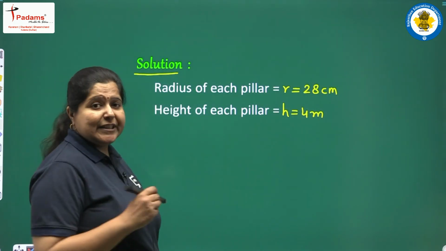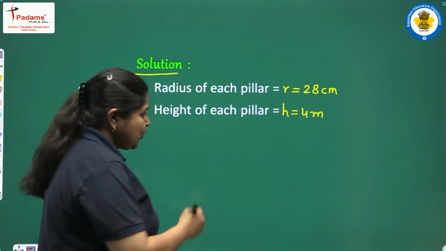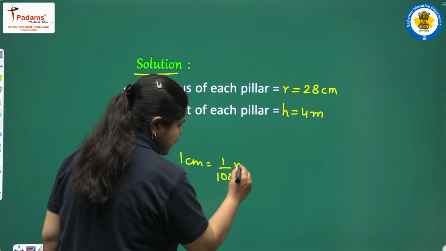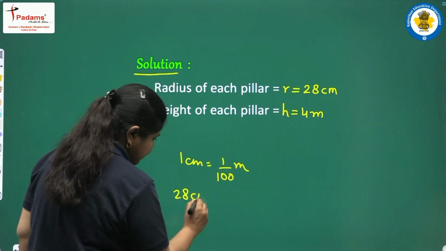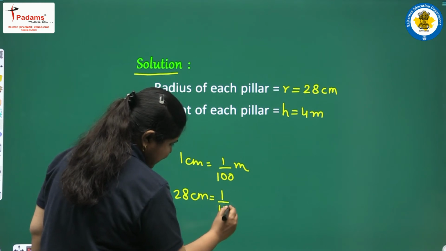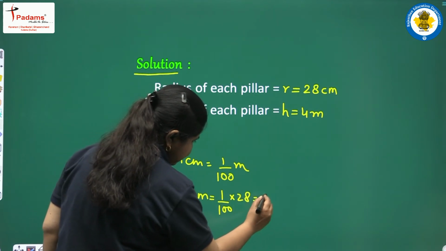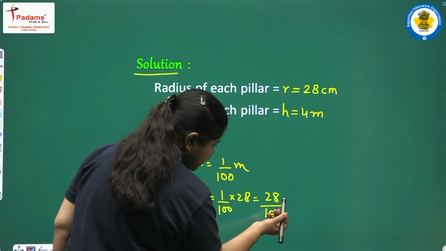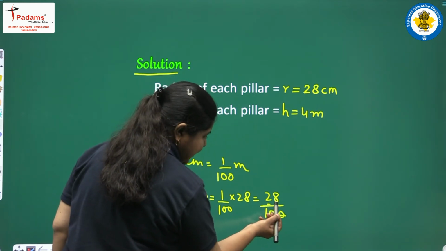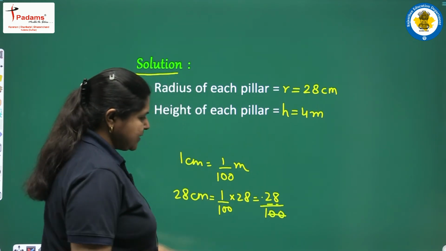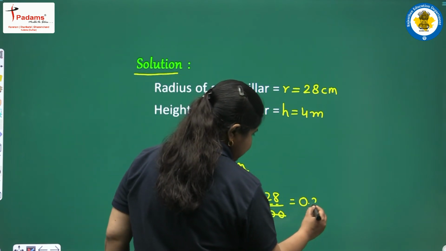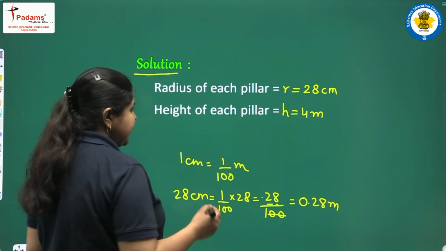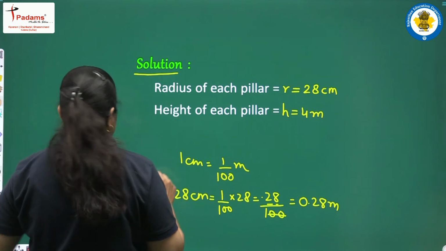और 28 सेंटीमीटर को मीटर में कैसे बदलेंगे? We know that 1 centimeter is equal to 1/100 meters. So 28 centimeter it will be equal to 1/100 into 28, और we can write it as 28/100. और नीचे 2 0 हैं, इनको कैंसिल करके पीछे से 2 डिजिट काउंट कीजिए, 1 and 2. यहाँ आ जाएगा आपका डेसिमल, so it will be 0.28 मीटर्स. तो सेंटीमीटर को मीटर में कन्वर्ट करने के लिए हम डिवाइड करते हैं 100 से.